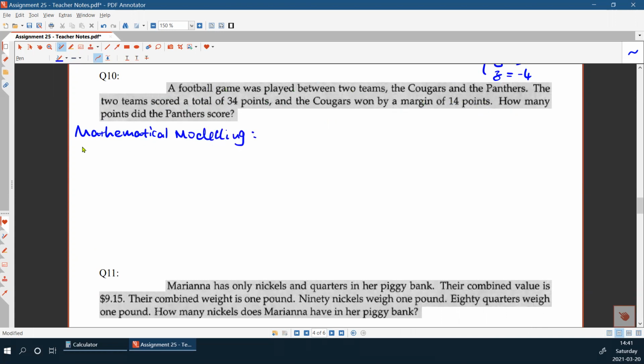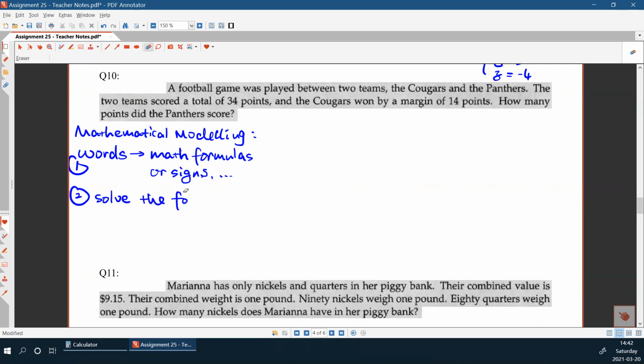Okay, that is to convert English words or French words into math formulas or signs or anything else, I mean. Okay, so let's have a look. This is the first step, right? The second step is to solve the formula, solve the equations.